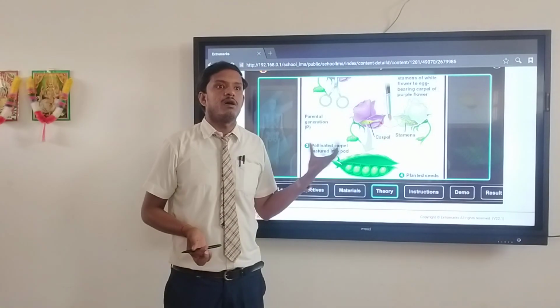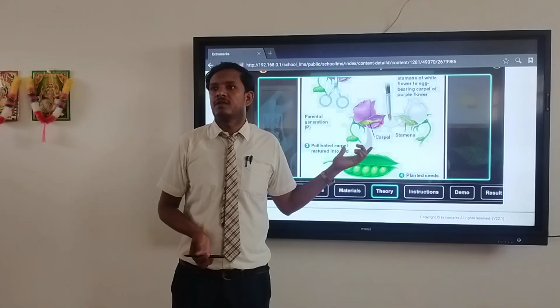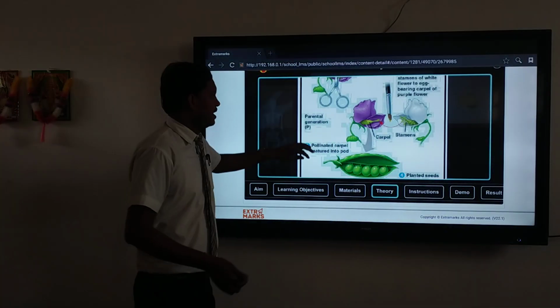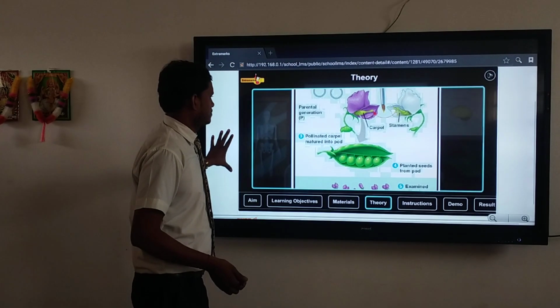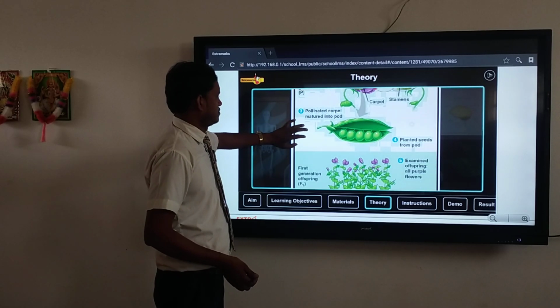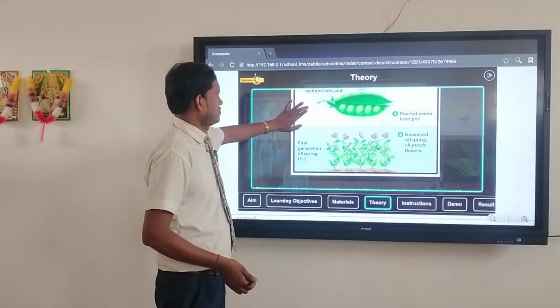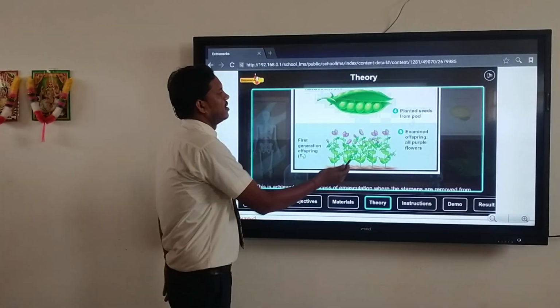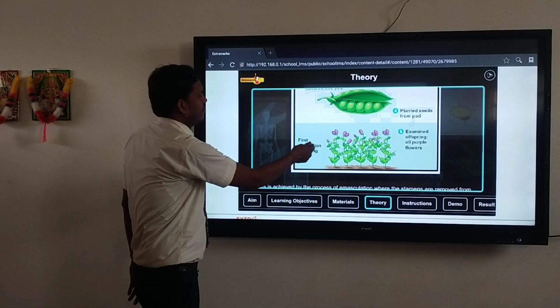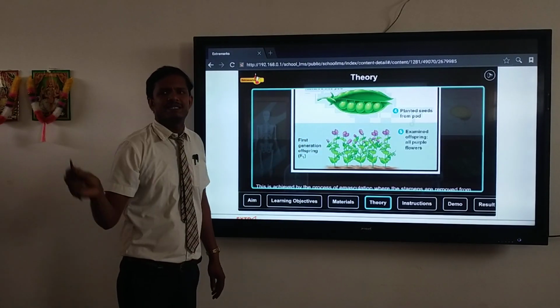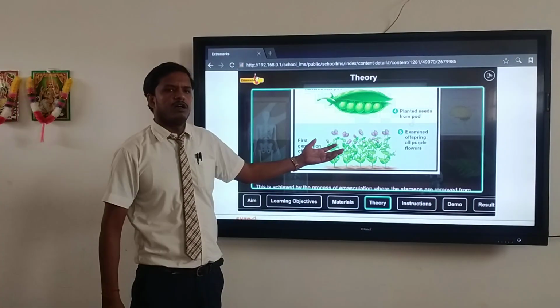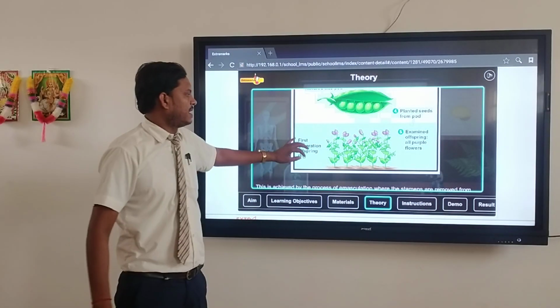So this is the advantage of doing such kind of controlled pollination. Then after that, we examine the offspring: all purple flowers. We made the cross, sowed that seed again, and what we get is that all the flowers are purple in color.